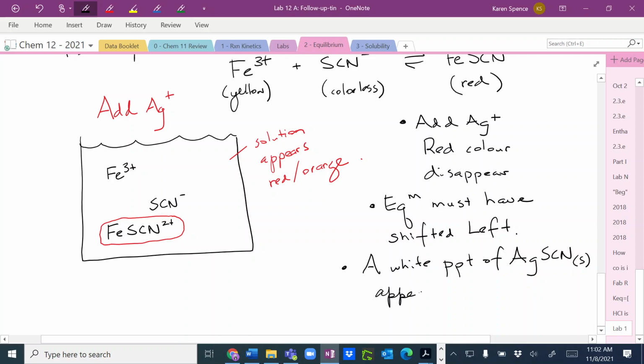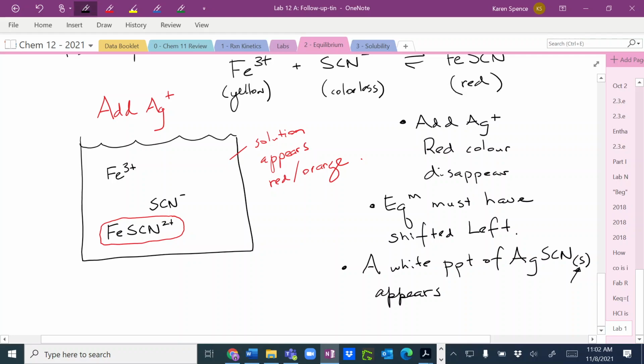Are you guys okay with the concept that a precipitate is a solid? Okay. We will be using that term a lot in this unit. So a precipitate is a solid that forms when you mix a couple of solutions.